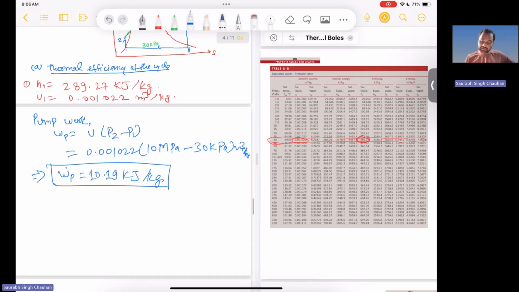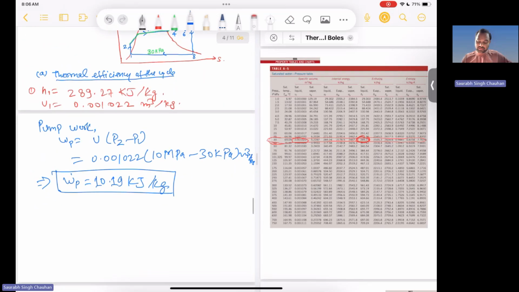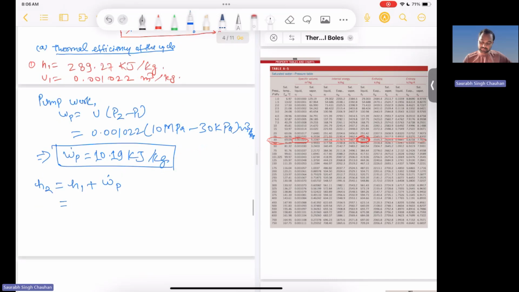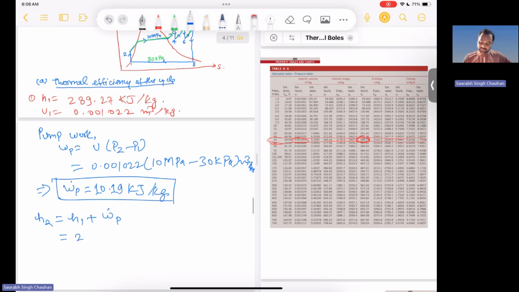Now you can find the enthalpy at point 2. Point 2 is in the subcooled region. Enthalpy at point 2 will be equal to enthalpy at point 1 plus the work done by the pump. Correct? So enthalpy at point 1 we have already got from the table. It was 289.27, plus the pump work we have just calculated.